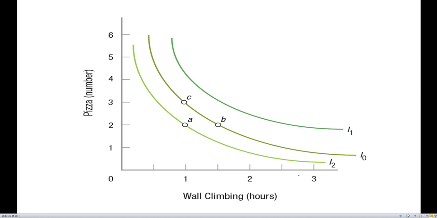And the third property of an indifference curve comes from this indifference map itself. You notice that these indifference curves are never going to intersect with one another. They're always going to be parallel to one another. So anytime we want to shift or take a look at a new indifference curve, it's always going to be another parallel line away from it.